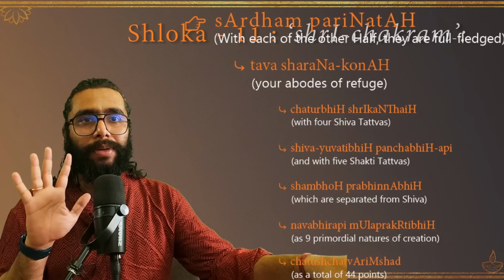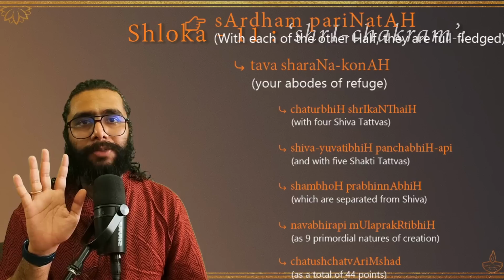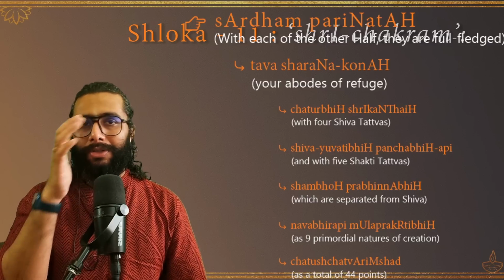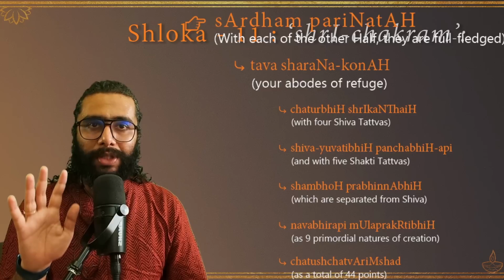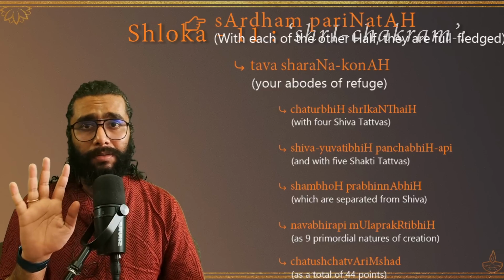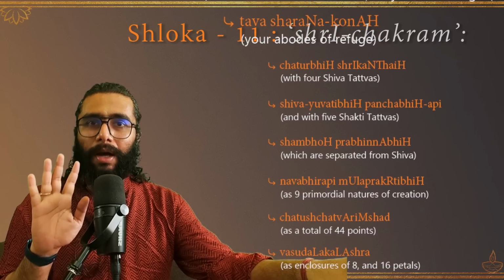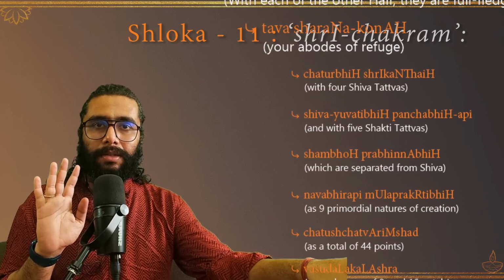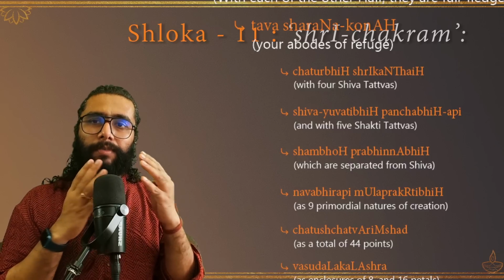Now, Panchabhihi api Shiva Yuvatibhihi. And there are 5 aspects of Shakti. So, 4 aspects of Shiva: Chaturbhi Shri Kanthaihi. Shiva Yuvatibhihi, Panchabhihi api: these 5 aspects of Shakti. And these 5 aspects of Shakti are not the same as Shiva. They are distinctly different from the 4 aspects of Shiva.